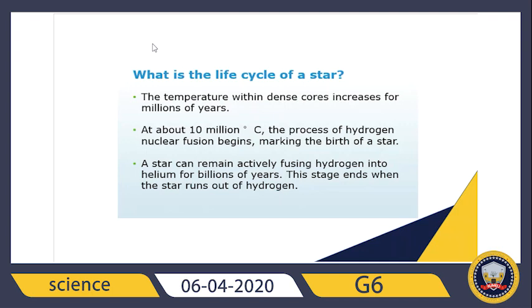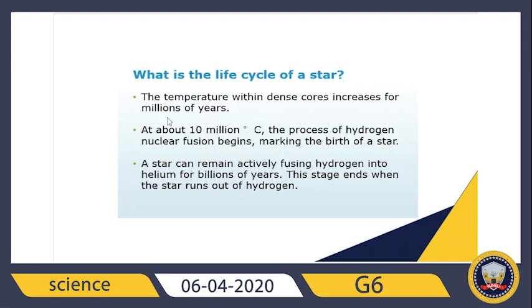The temperature within dense cores increases for millions of years. At about 10 million degrees Celsius, the process of hydrogen nuclear fusion begins, marking the birth of a star.